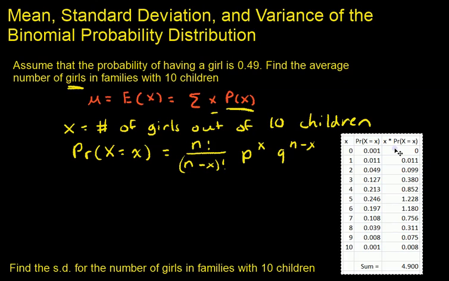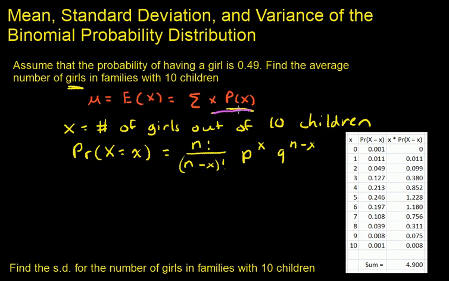Then I calculated x times that probability, x times p of x, and I summed it up. I got 4.9, so 4.9 is the mean.